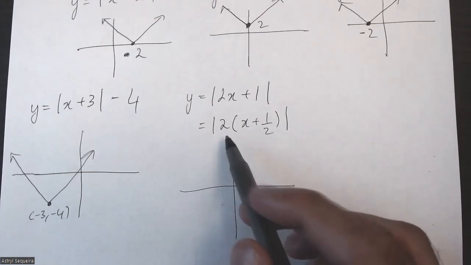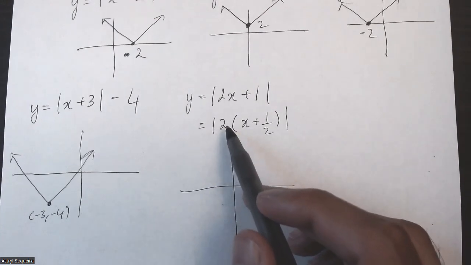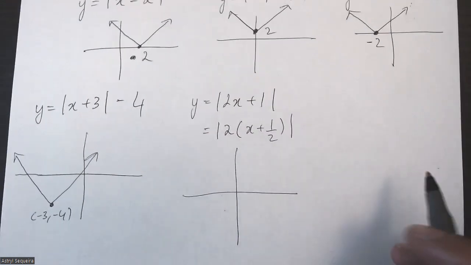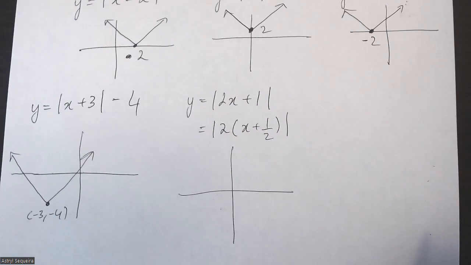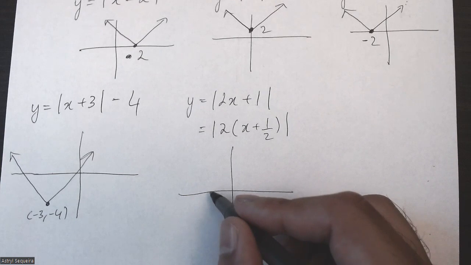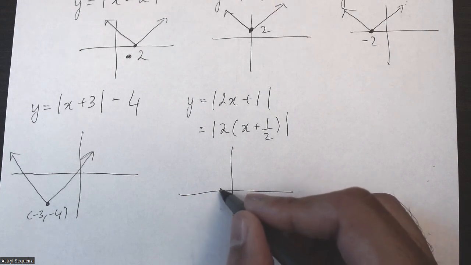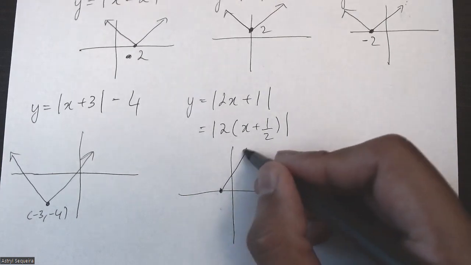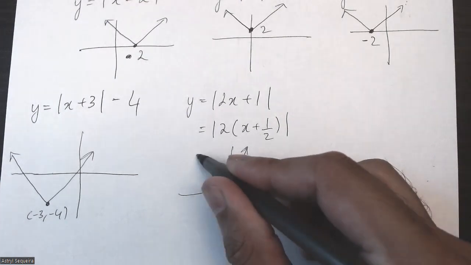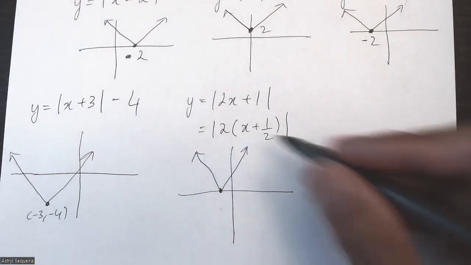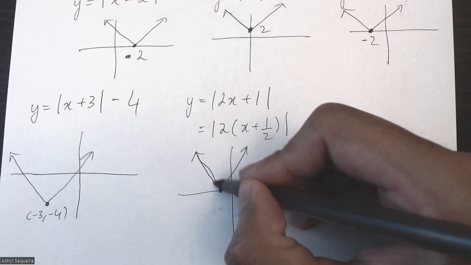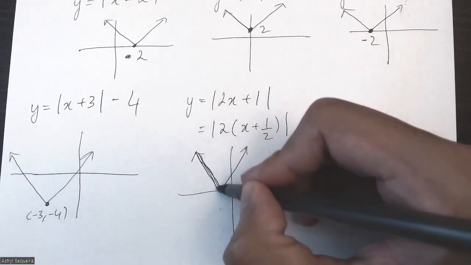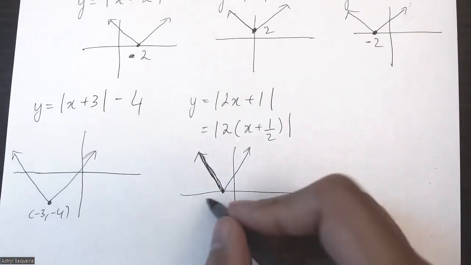It also has a horizontal compression by a factor of half. So it's going to be a bit thinner, the graph. -1 over 2, and you can draw it a bit steeper than usual. But again, it's a sketch. It doesn't have to be super accurate, and that should have been a straight line, but I accidentally didn't get it correct.